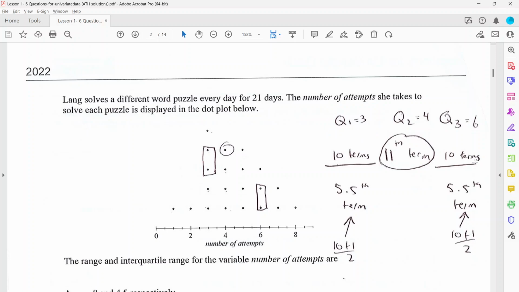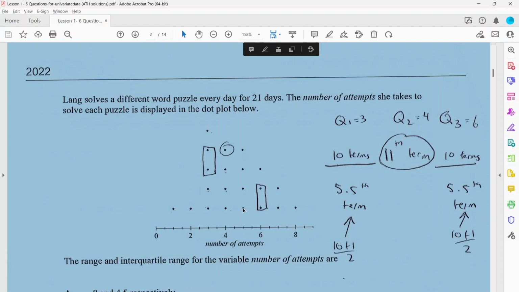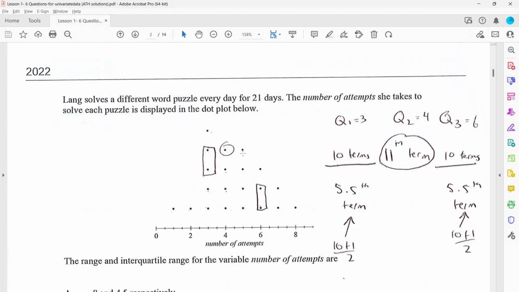And then the 5.5th term after the median, okay, same thing. We count after the median. So counting from the bottom, 1, 2, 3, 4, 5, 6. Okay, it's between these two, but because they're both 6, well, we know that the Q3 is 6.